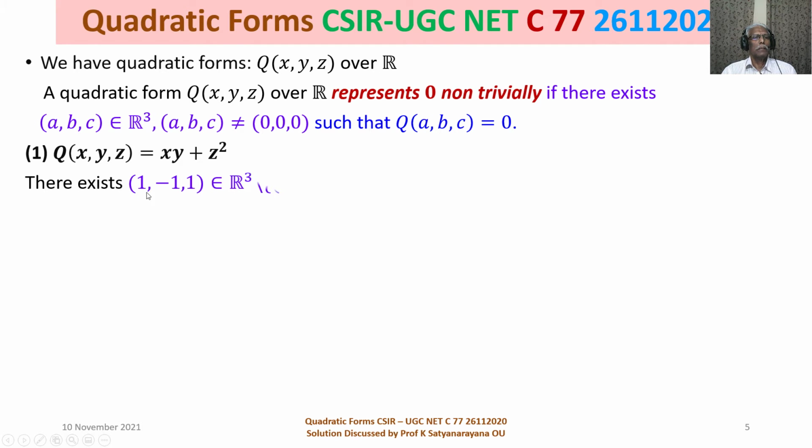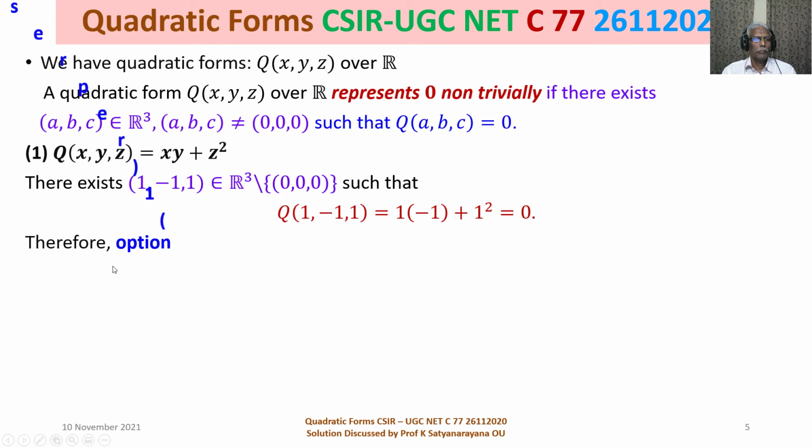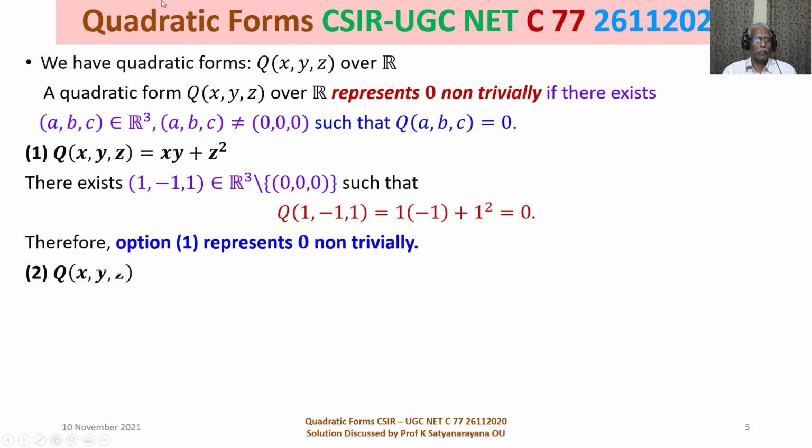So there exists a triad 1, minus 1, 1 belonging to R cube, which is obviously not a 0 triad, such that Q of 1, minus 1, 1 is 1 into minus 1 plus 1 square, which is equal to 0. Therefore, by our definition, option 1 represents 0 non-trivially.